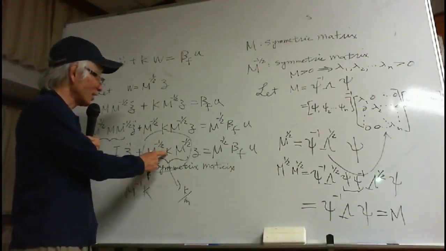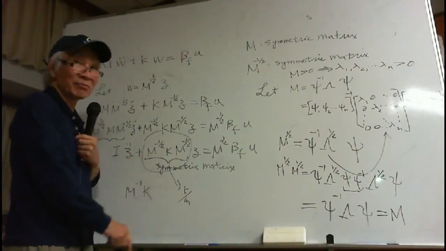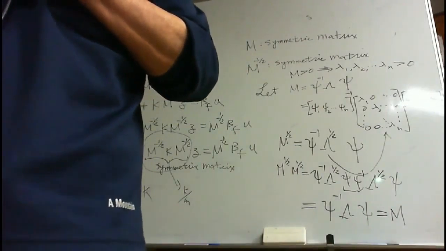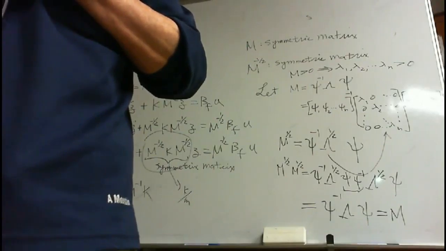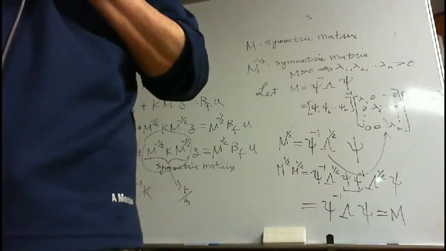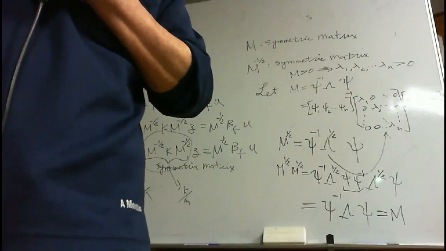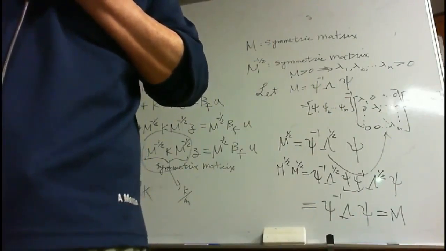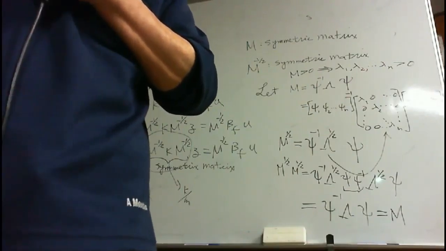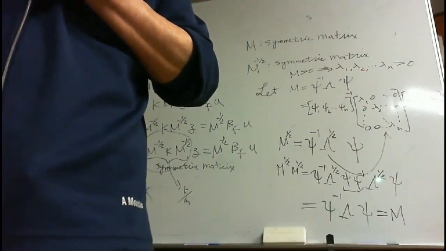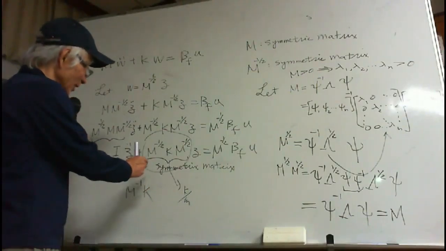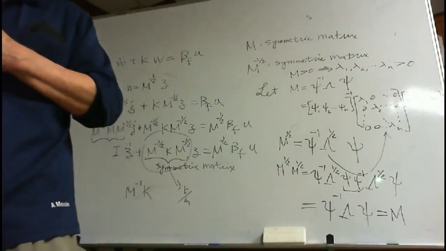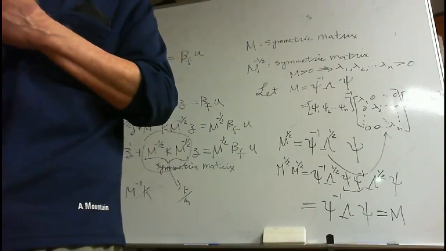Yes, if these are scalars, it's nothing but K over M. So don't be scared by the matrix. It's nothing but just a scalar. If you think about the matrix like a scalar, you are right. But just don't change the order. You can't move this one to that one. Other than that, it's the same thing.